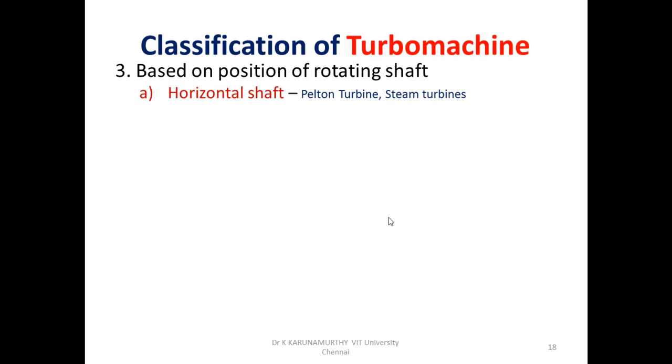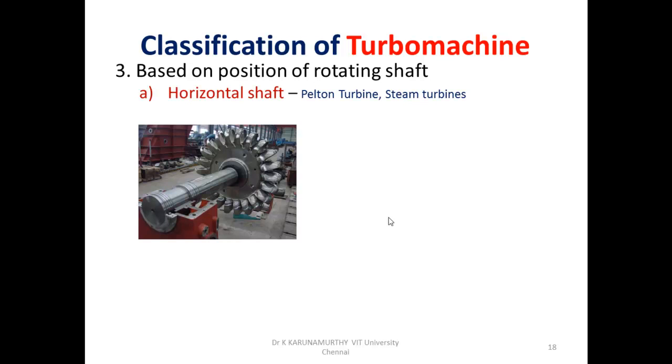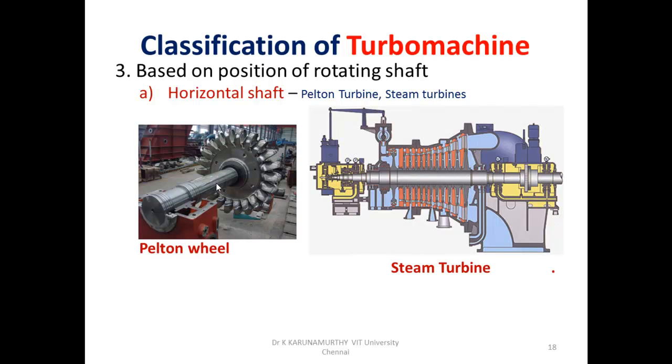And depending upon the position of the rotating shaft, this diagram shows the Pelton wheel, and here you can see the shaft is in the horizontal direction for a Pelton wheel. So this is an example of a horizontal shaft turbomachine, and this is a steam turbine.